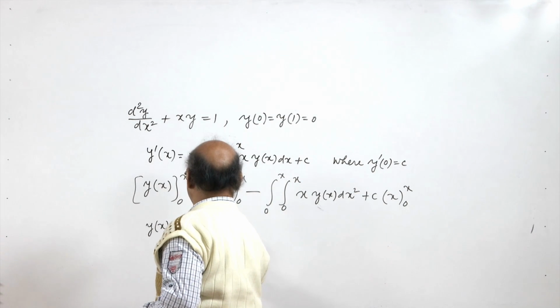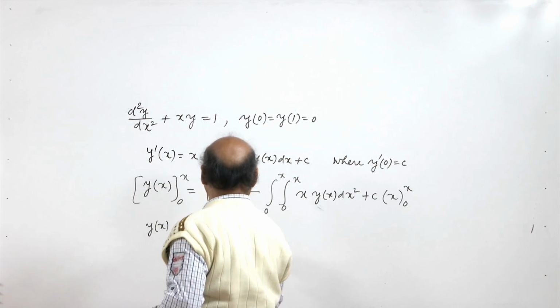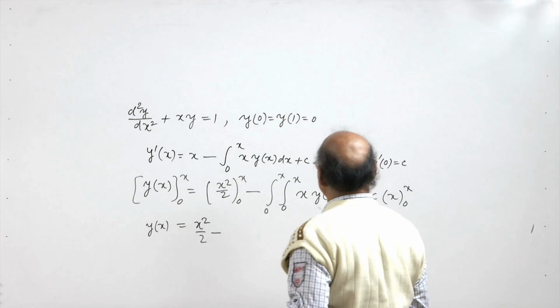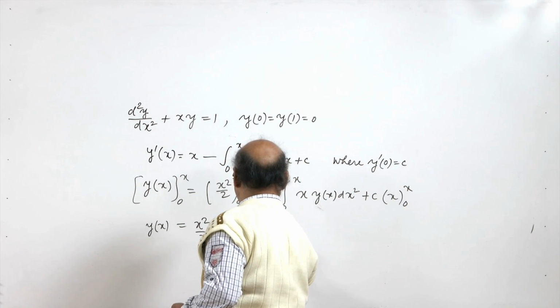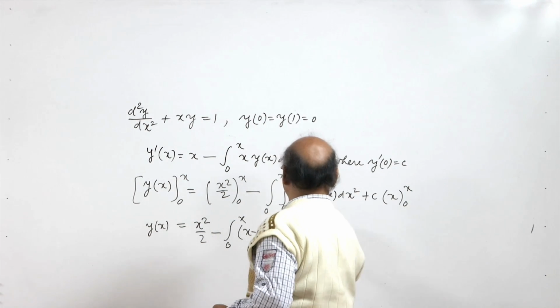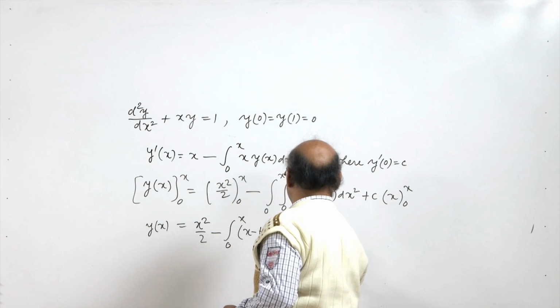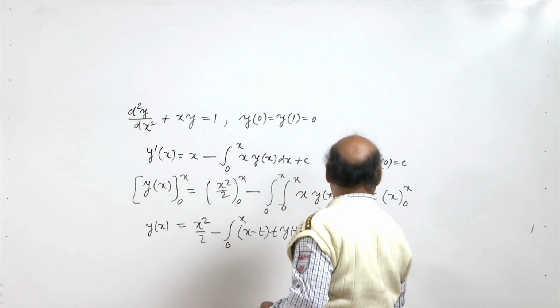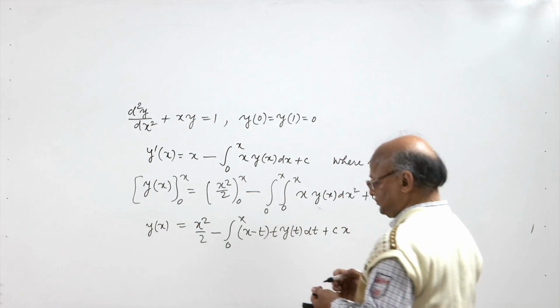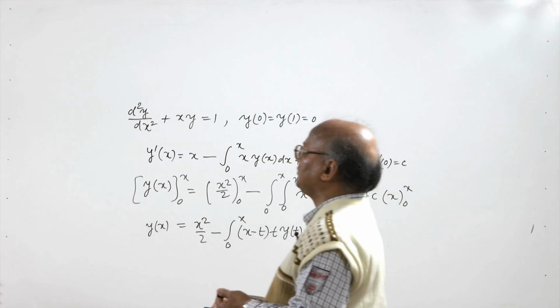So, y x equals x square by 2 minus this double integral, which can be converted into a single integral, minus 0 to x, x minus t into y t dt, plus c times x. So this is what we get.